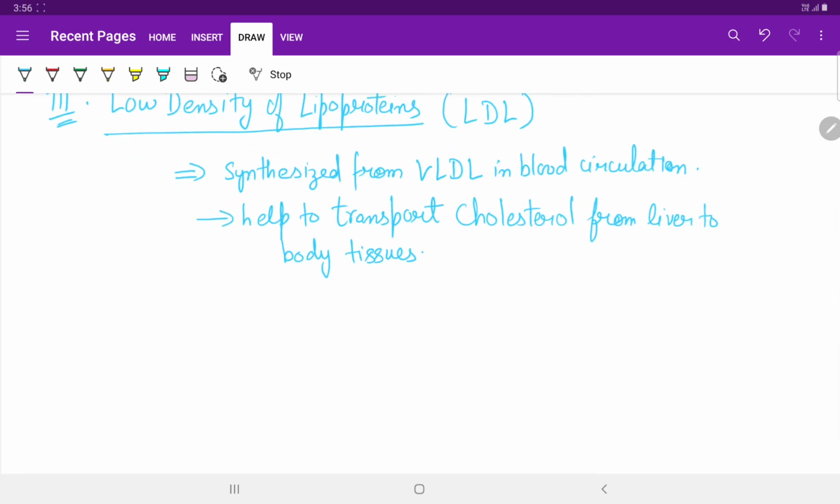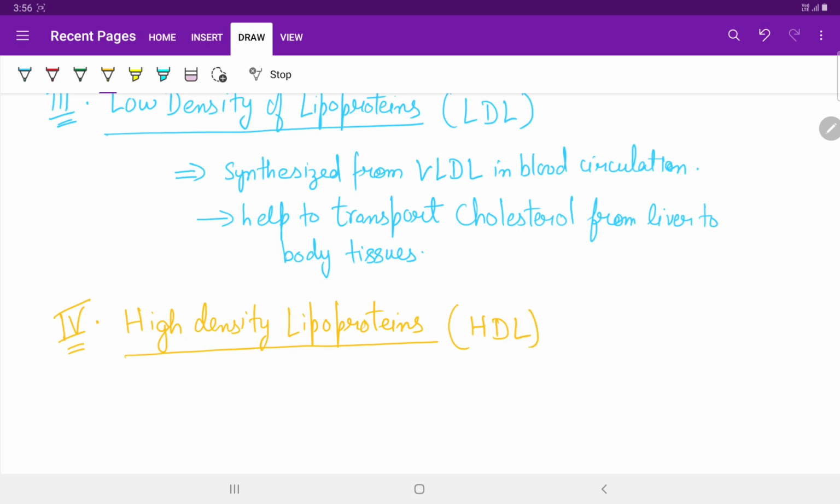Now next comes the fourth category, that is high density lipoproteins, also known as HDL.